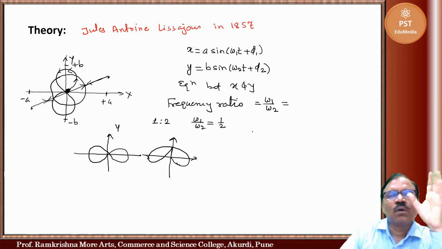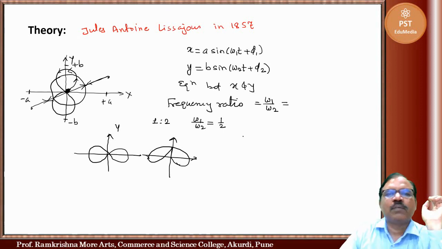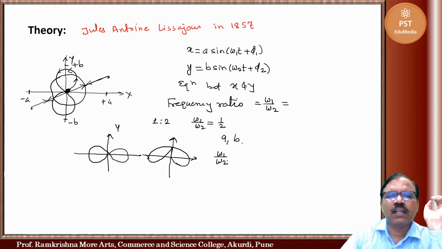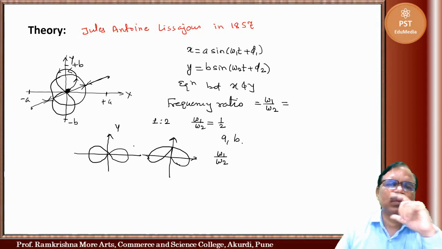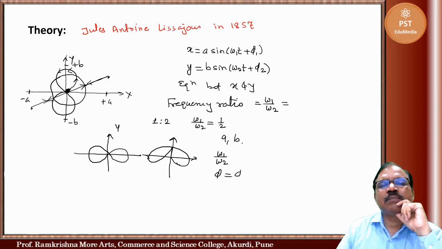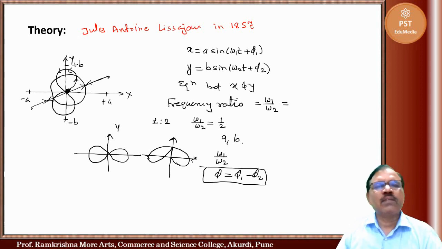So the nature of the curve is decided by the amplitudes a and b, the frequency ratio omega 1 upon omega 2, and the phase difference phi, that is phi 1 minus phi 2. So depending upon that you will get the corresponding curve.